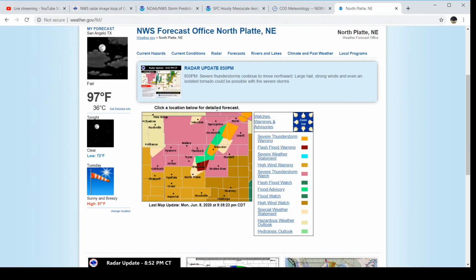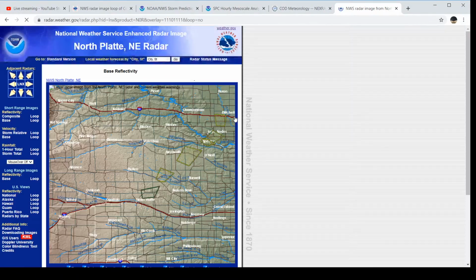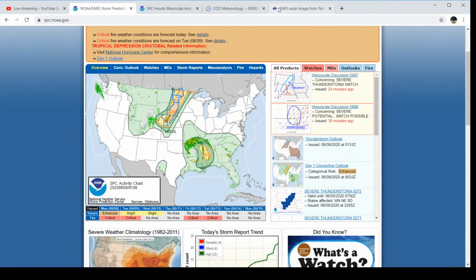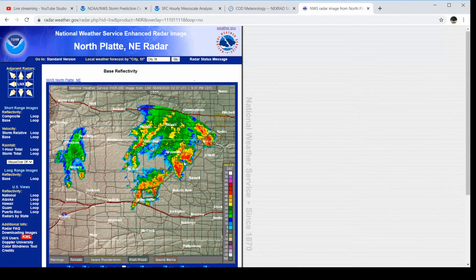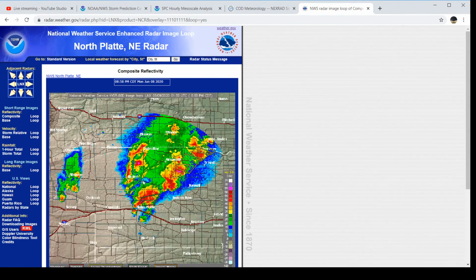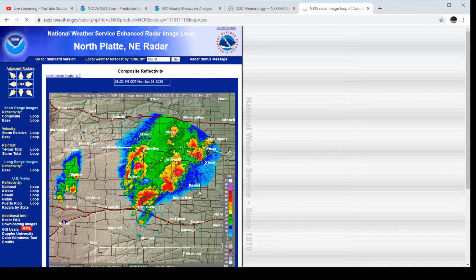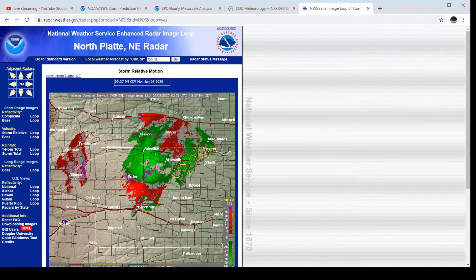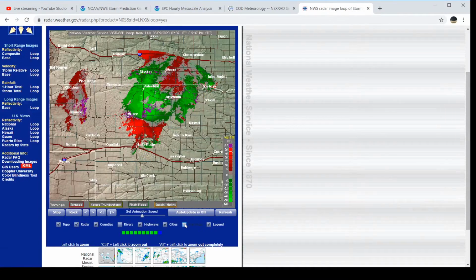Definitely watching these storms down here. Oh, this looks more right. You can see like a little inflow notch of some sort. So it looks like it's trying.